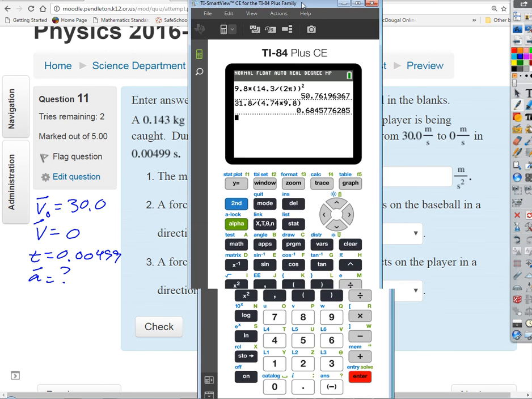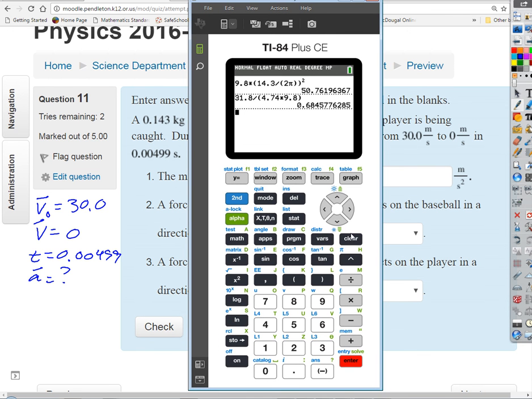We just plug that right into our calculator to save time here. Open up a set of brackets, so we're going to get 0 minus 30, so we get negative 30 divided by t, right?